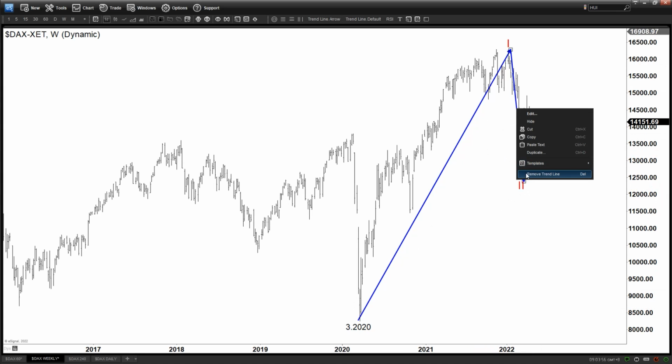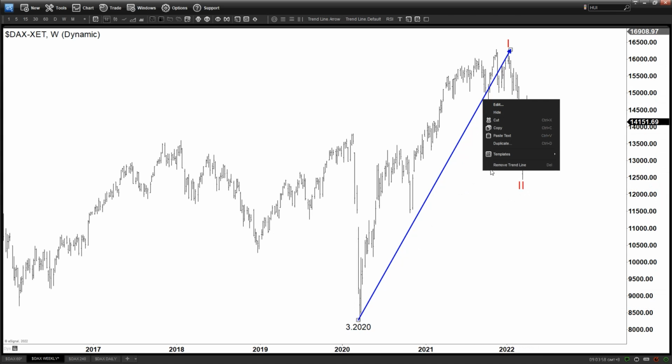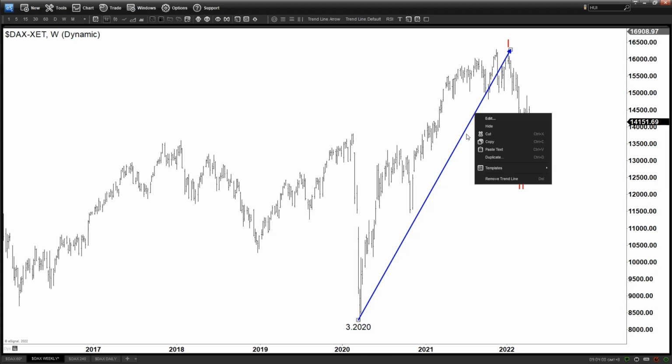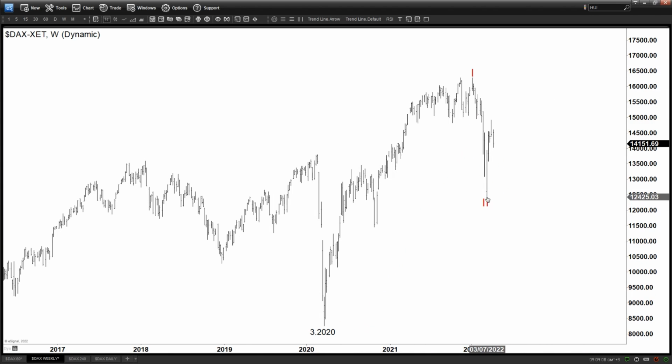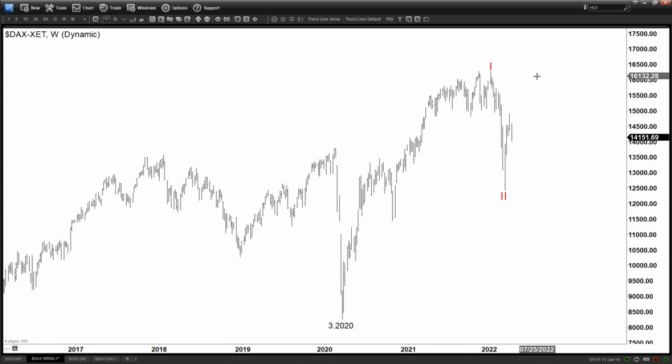Now, of course, for this view to be valid, you need to actually break above wave 1 again. Only a break above wave 1 is going to fully confirm this is the end of the correction, right? So technically speaking, this is automatic. Alternate view always exists, regardless of whether you like it or not.